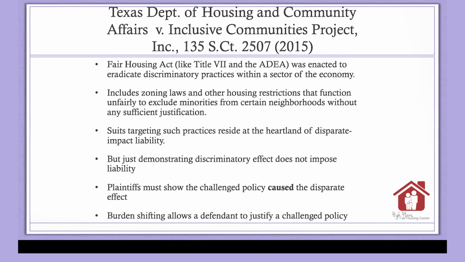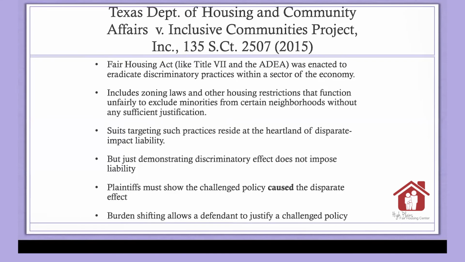The Fair Housing Act, like Title VII and the Age Discrimination in Employment Act, was enacted to eradicate discriminatory practices within a sector of the economy. It includes zoning laws and other housing restrictions that function unfairly to exclude minorities from certain neighborhoods without any sufficient justification.